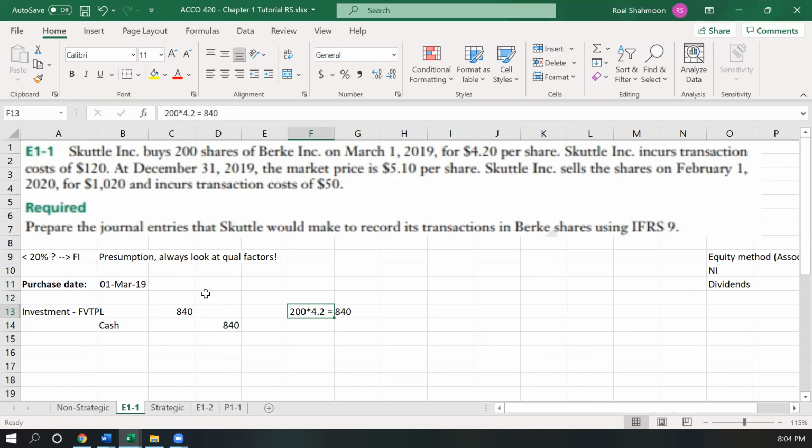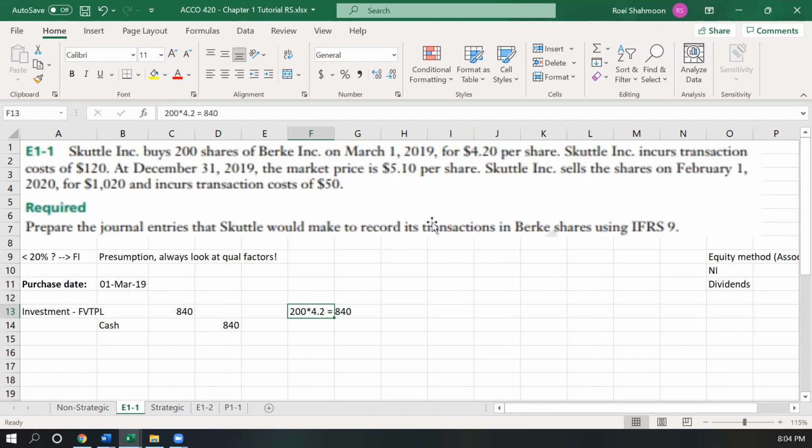Okay. Now, this FVTPL, you might be asking yourself, why is it not FVTOCI, for example? Why did you just assume it's PL? The way we know is because we already have our eyes on the entire year. And we see that at the end of the year, when I have to revalue my shares, it went up from 4.2 to 5.1.